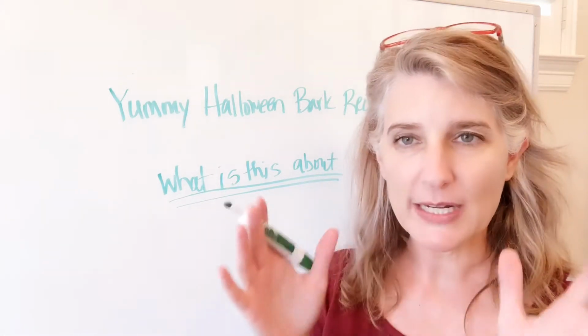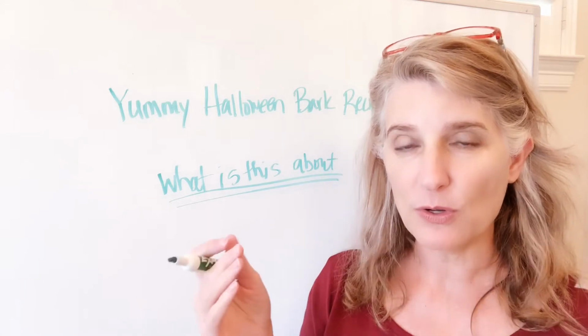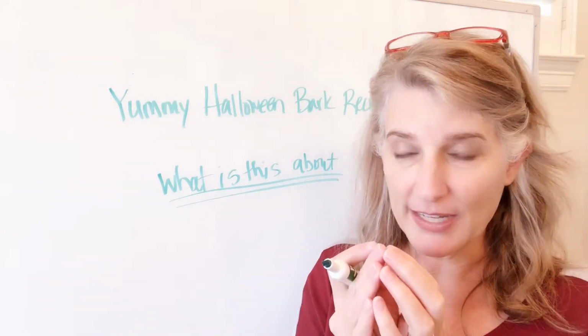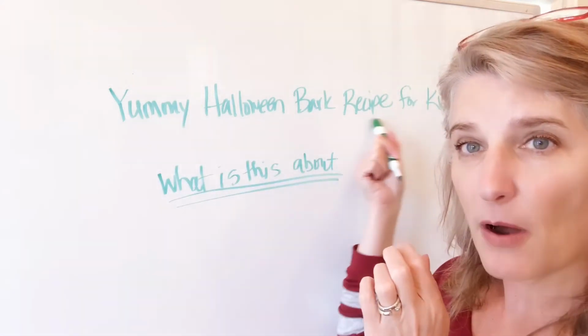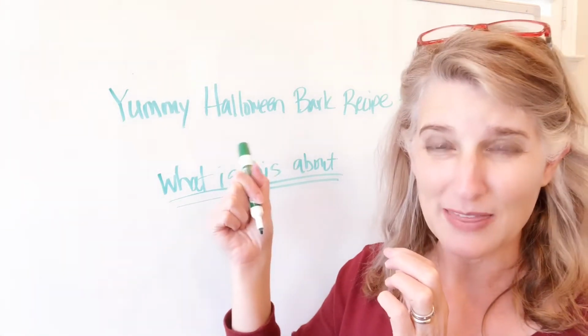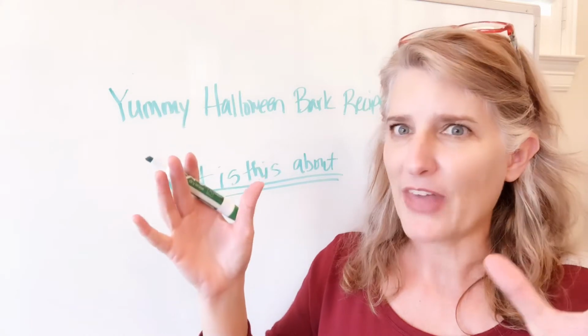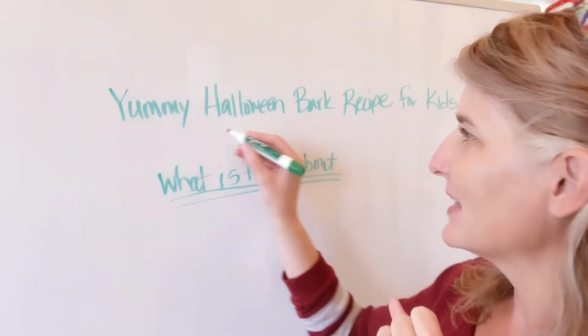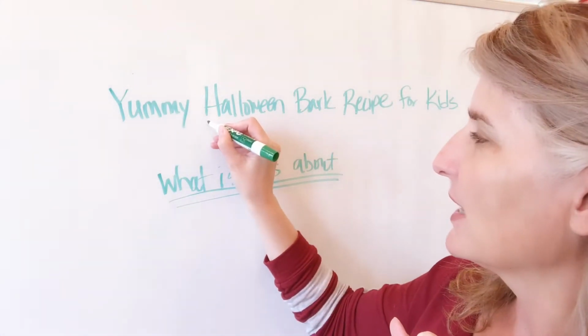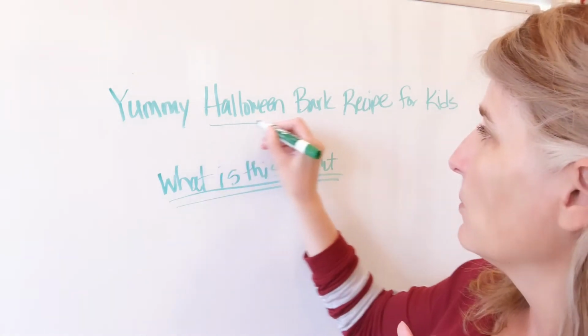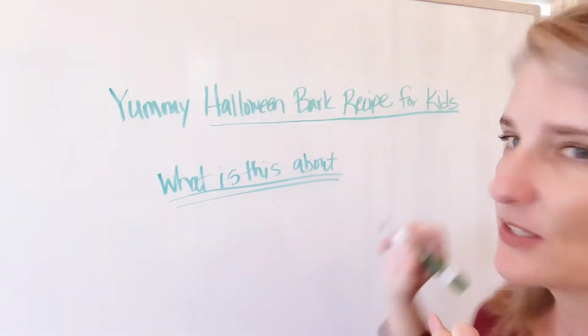A lot of times we're trying to get more specific, but with Google, we work from specifics. So we named this article this so that Google knows that that's what it is, and the reader knows what it is. But in the grand scheme of things, wouldn't it be amazing to be ranking if someone typed in Halloween bark recipe for kids?